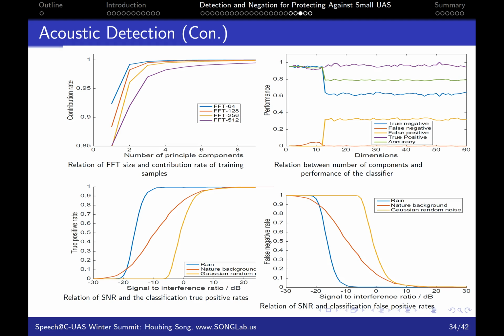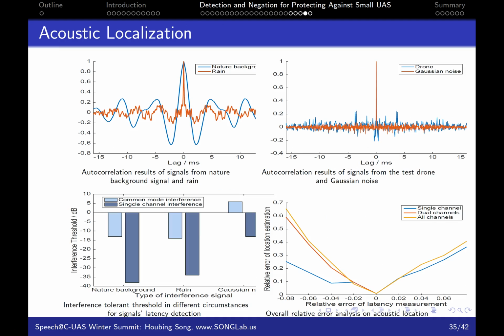Also, the relation of signal-to-noise ratio and the classification true positive rate, and the relation of SNR and classification false positive rates, for the rain, natural background, and Gaussian random noise.